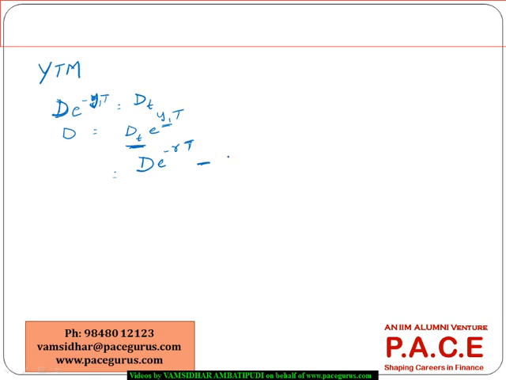So we are saying this minus the European put option value. So this into e to the power of y1t is what is coming out as d.